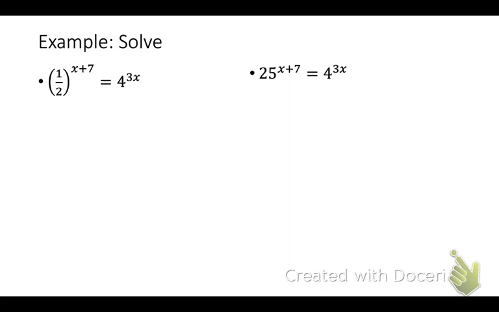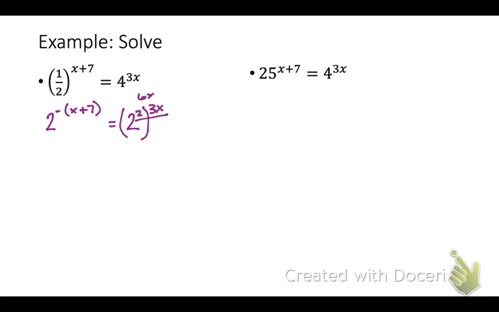Negative. So this would be 2 to the negative x plus 7, wouldn't it? And 4 is 2 to what? 2 squared. So over here I get 6x.